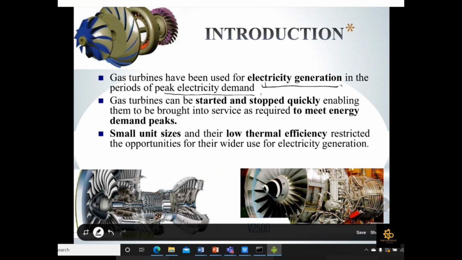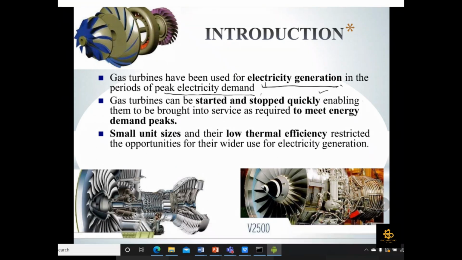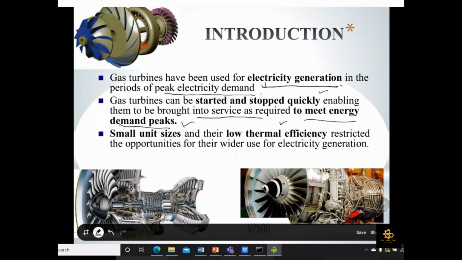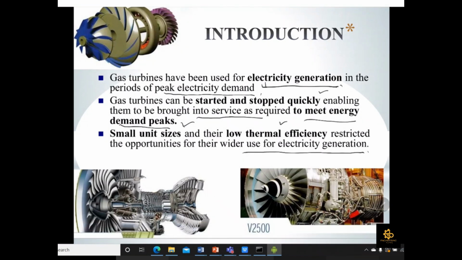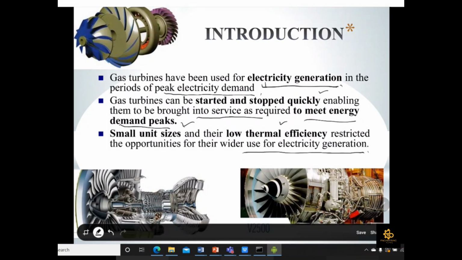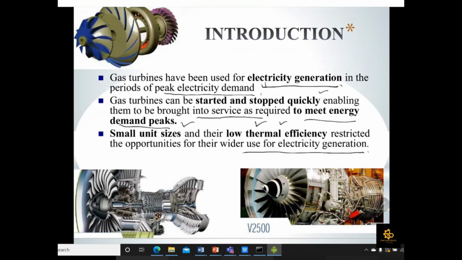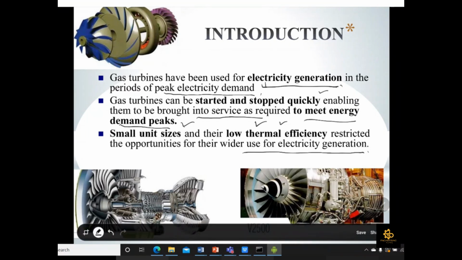Gas turbines can be started and stopped quickly, enabling them to be put into service as required to meet the energy demand peak. They have a small unit size, which is a very good thing, but their low thermal efficiency restricts their wider use for electricity generation. That's why we use steam power plants and gas turbines cumulatively, because used alone, this system has low thermal efficiency.